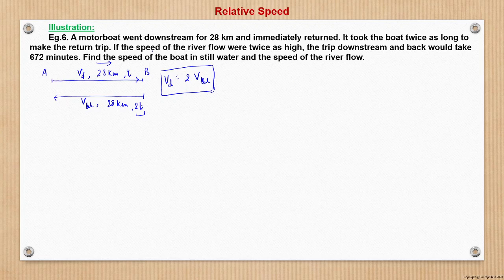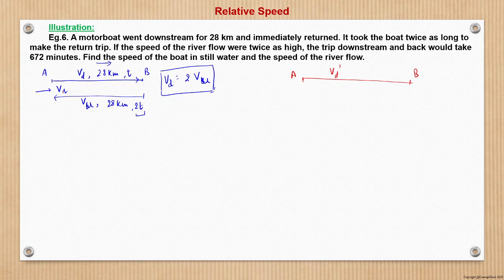Now if the speed of the river flow were twice as high, so let the river flow at a speed of Vr. So again from point A to point B, it will now be Vd dash. Why not the same as Vd?